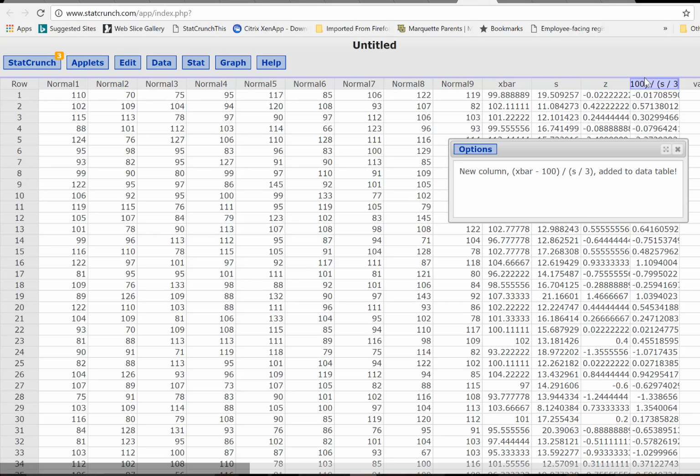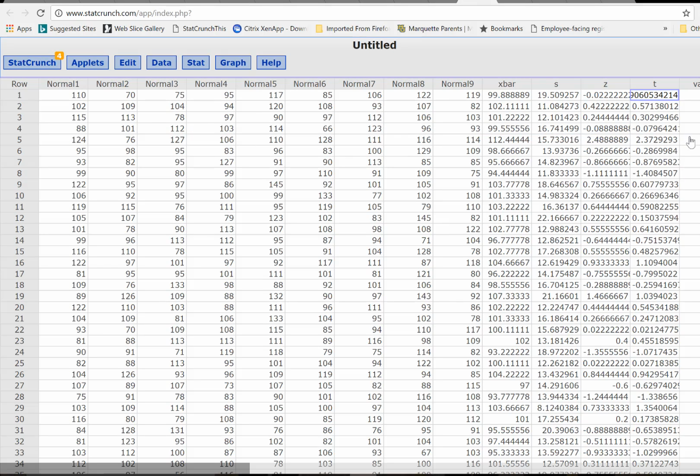If you can imagine that. So this column is now T. What I'm going to do is draw histograms of Z and T next to each other so that we can compare the two and see what they look like.